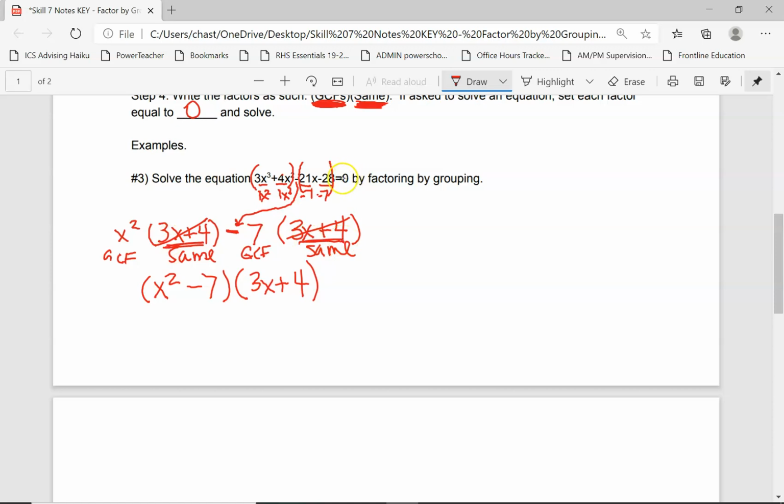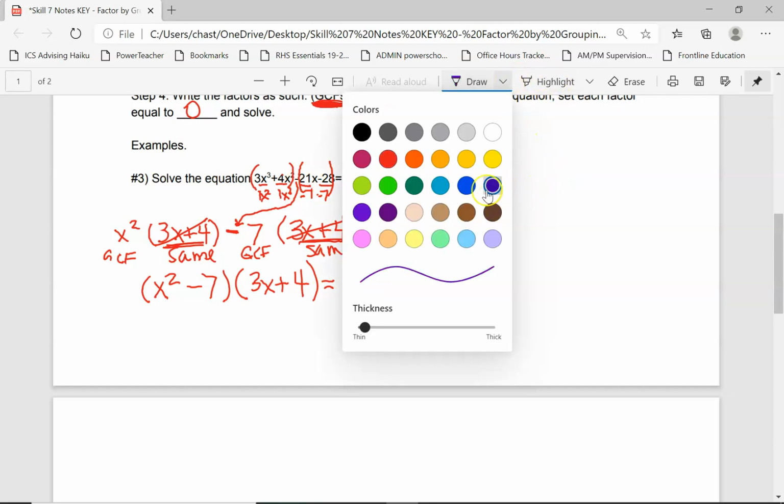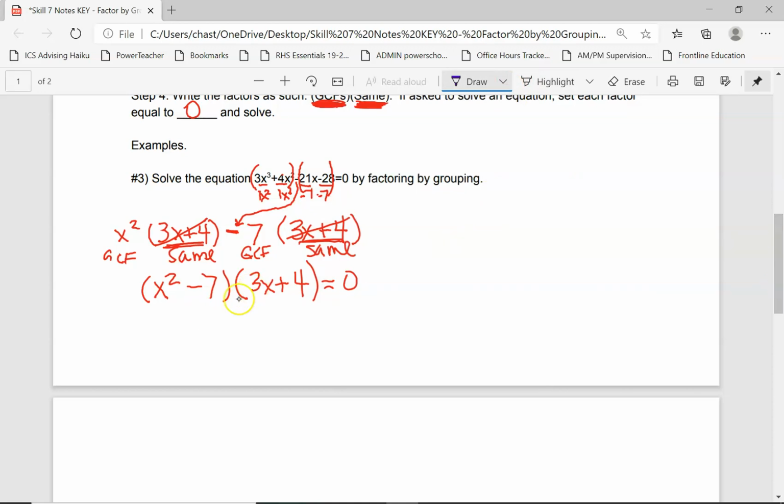Now, remember, in the context of this problem, we were solving an equation, so we set this equal to 0, and this should now look like what we had above in our first two examples. So now we're just going to take this factor, set it equal to 0, and solve for x. Take the square root, and that gives us x equals plus or minus square root of 7.